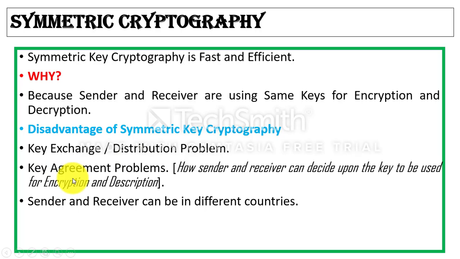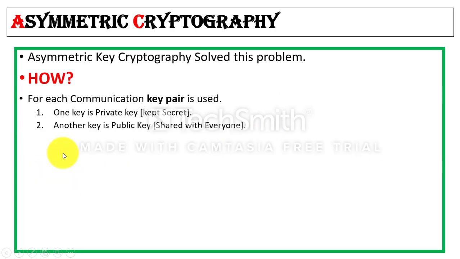How both sender and receiver can decide upon the key to be used for encryption and decryption. And another case is both sender and receiver can be in different countries. Now, in order to solve this key exchange problem, we have asymmetric cryptography. Asymmetric cryptography solves this key exchange problem.